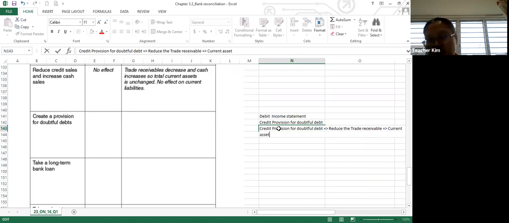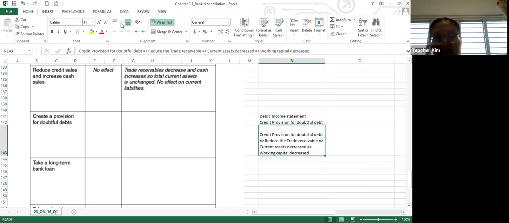Current asset decreases. So when current asset decreases, working capital decreases. So your answer for this one is that the working capital decreases.